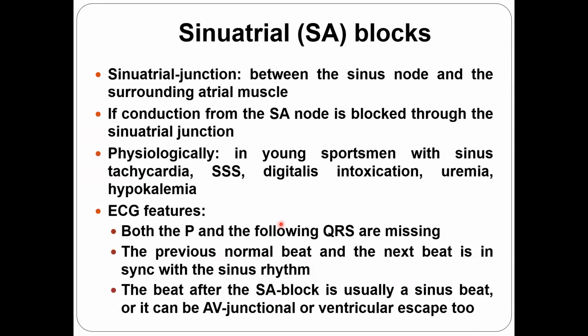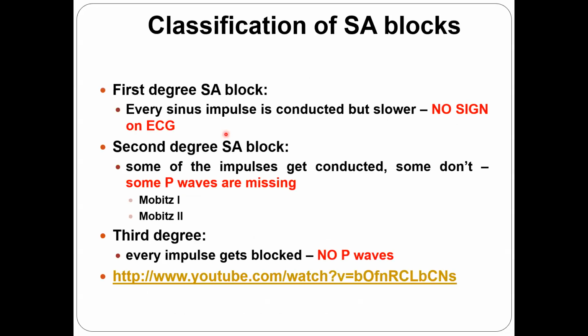Now, SA block, that's a little bit more difficult one. And that could be the first sign, for example, of an oxygenation abnormality when the SA block occurs. Now, that means that we still have first degree, second degree, Mobitz type 1 or Mobitz type 2, and third degree.